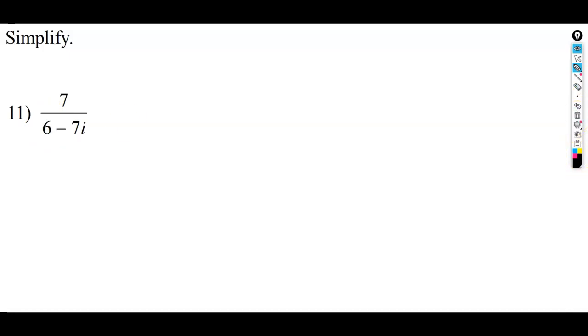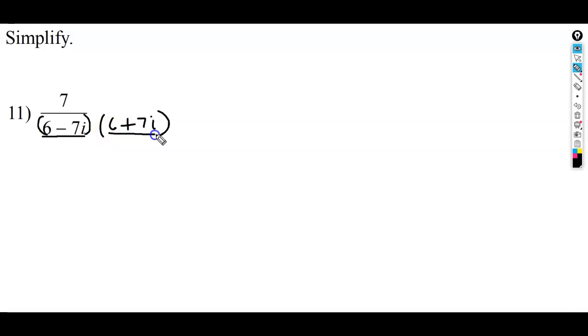So there's another way to handle these, and tricky mathematicians noticed something kind of cool. If you multiply this bottom by itself, but with an opposite sign in the middle, everything kind of turns out hunky-dory. So when you have an i in the bottom, or a square root, regardless of whether it's i or a normal square root, if you want to get rid of the square root off the bottom, then you're going to multiply it by the same expression, but with a plus in the middle instead of a minus, or vice versa.